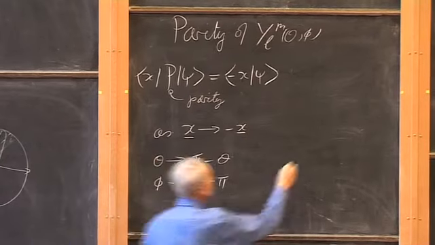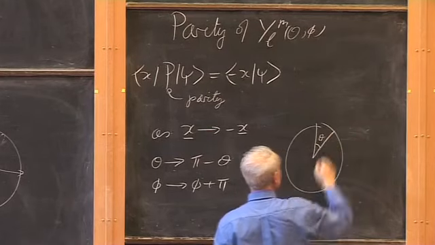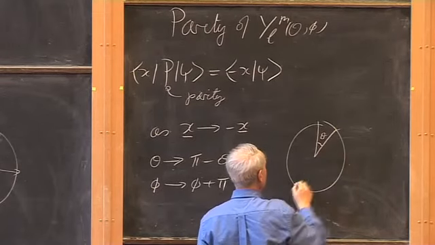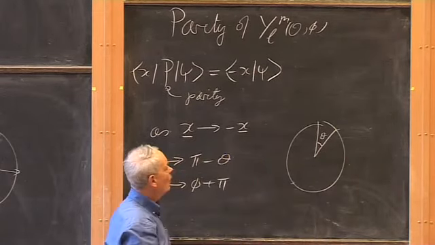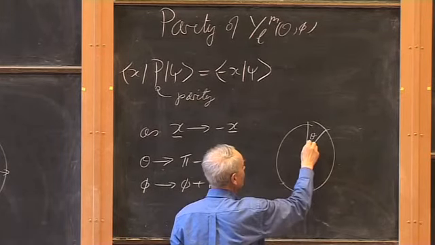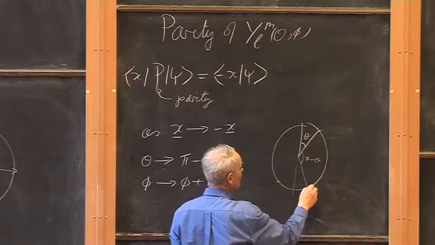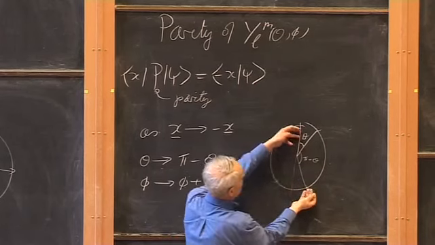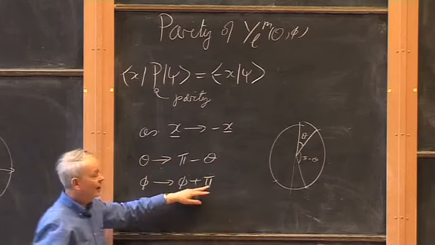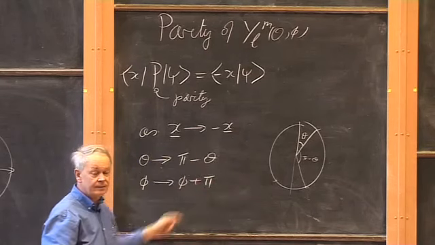I hate three-dimensional pictures, but here's theta, the spherical polar coordinate, and what we have to do is take this point and move it down to here. That's theta going to pi minus theta. And then, having got it down here, we rotate it through pi in phi, out of the board and back into the board, and that's how we get it down here. So these are the changes in polar coordinates associated with that.